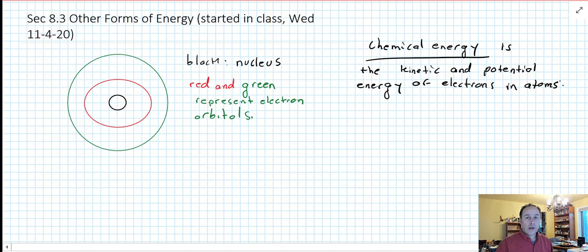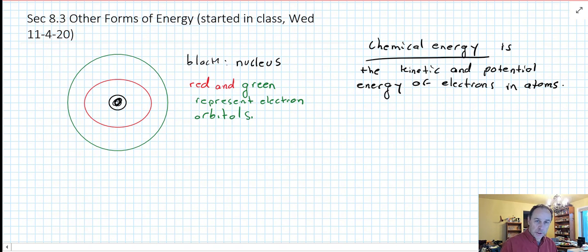All right, so a quick review of the anatomy of an atom, a real basic model. The black circle in the center here is the nucleus, where our protons and neutrons are. We're not really going to deal with them too much.